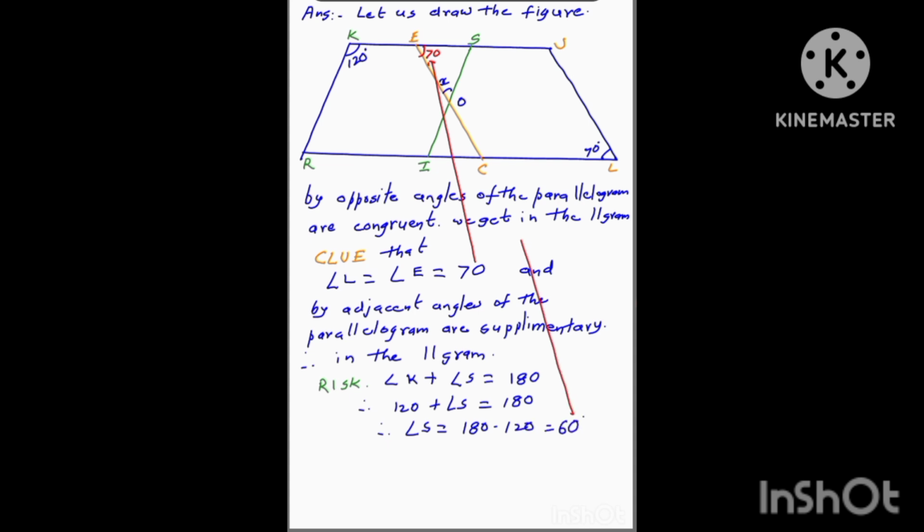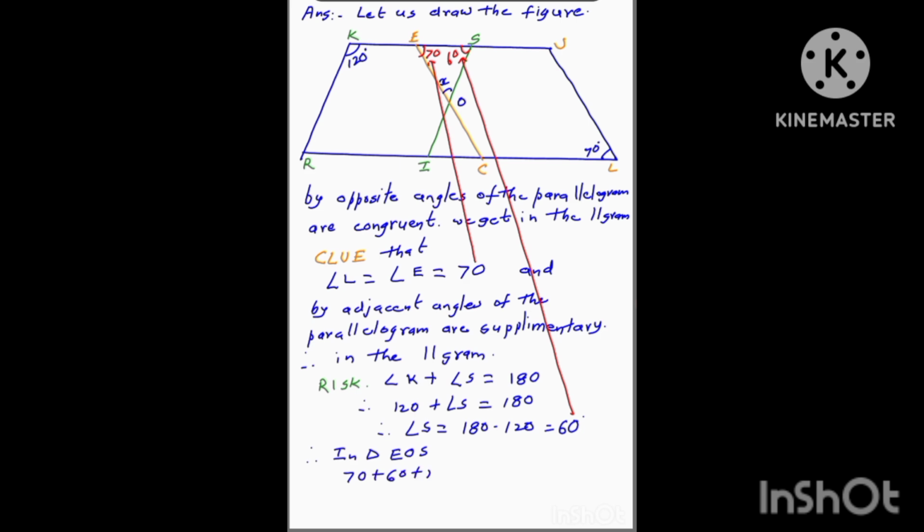Now in triangle EOS, it is very easy. We can apply the triangle angle sum rule, that is, the addition of the angles in a triangle is 180.